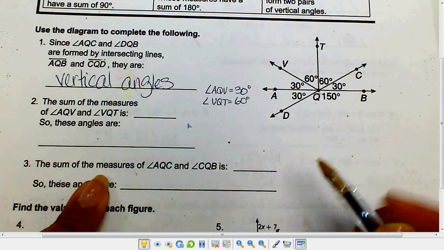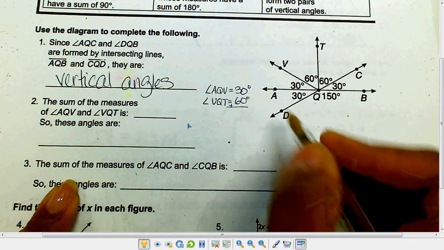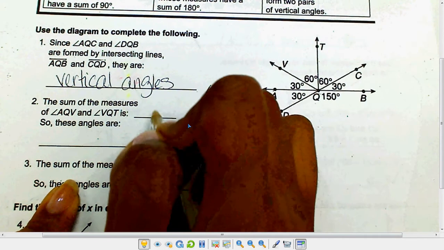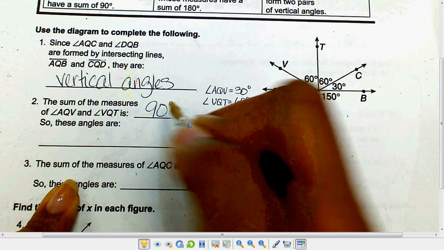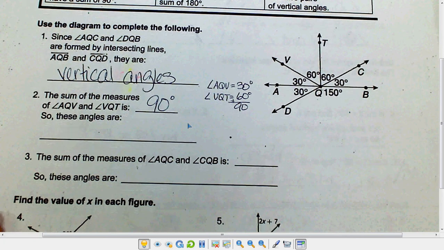So therefore the sum we see is 90 degrees. So since these two angles have a sum of 90 degrees, what type of angles are they? Fill in that blank, and we'll check to see if you got it right tomorrow.